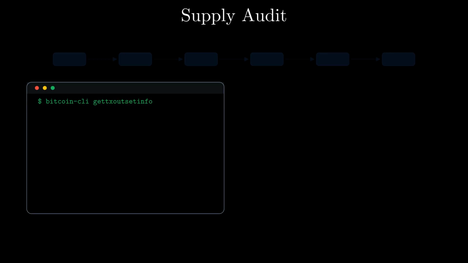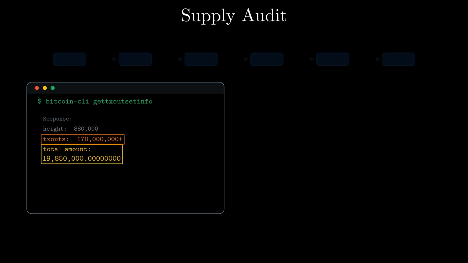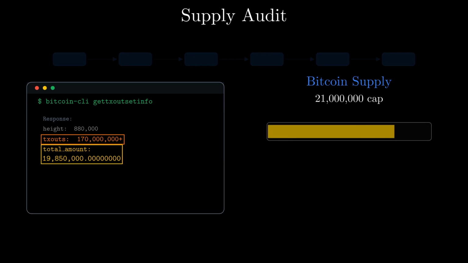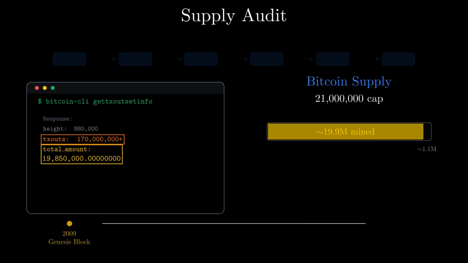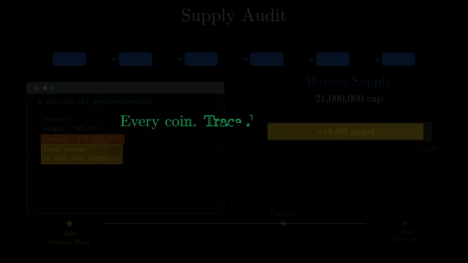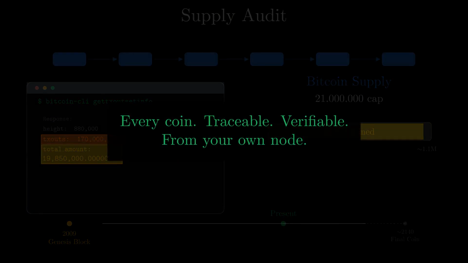Run gettxoutsetinfo on your node. It returns the total number of unspent outputs and the total Bitcoin supply your node has verified. Right now, that number sits just under 19.9 million of the 21 million cap. Nobody told you that. Your node computed it by validating every transaction since the Genesis block in January 2009. Now you know how to trace any one of those coins yourself.